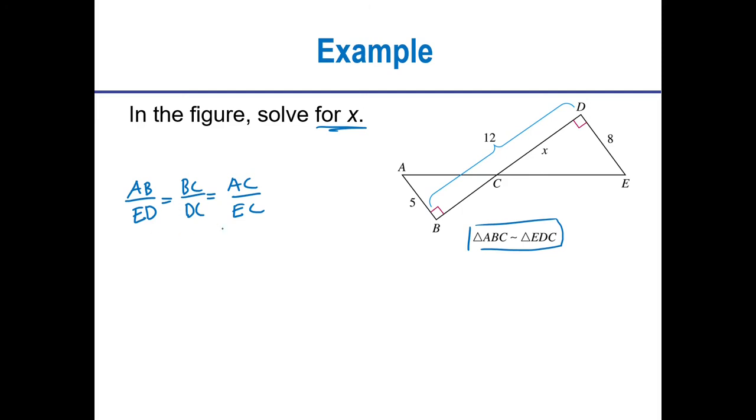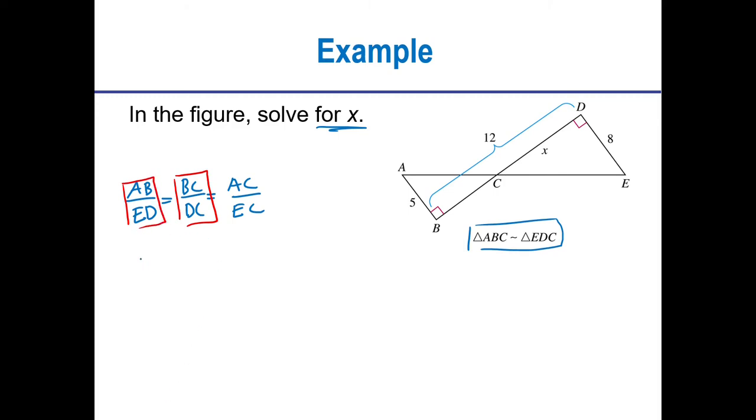So we can use any one of these proportions to solve for x. Since we're solving for x, the segment CD, I'm going to use the proportion with CD in it. So let's use BC over DC. And since we know AB and DE, we're going to use the proportion with AB and ED in it.